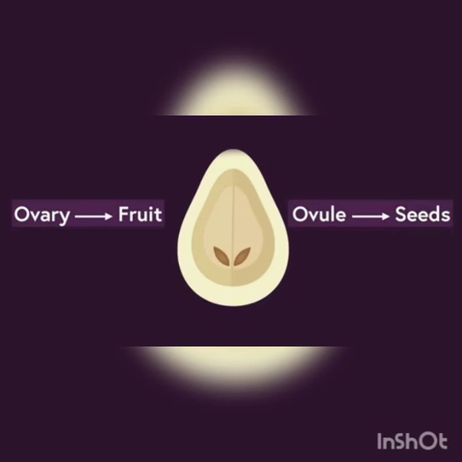What is an ovule? Ovule is the part of the female reproductive system that will develop into seeds after fertilization. So, ovule forms the seeds, which is nothing but a structure containing the embryo inside it.